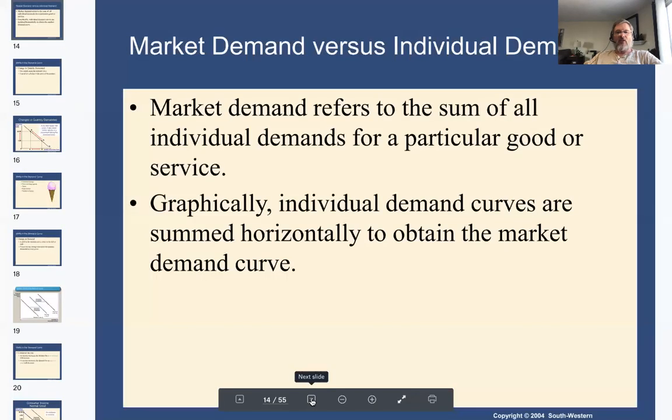Okay. So market demand refers to the sum of all the individual demands for a particular good. When they say individual demands there, they mean the demands of particular individuals in the market, particular buyers.